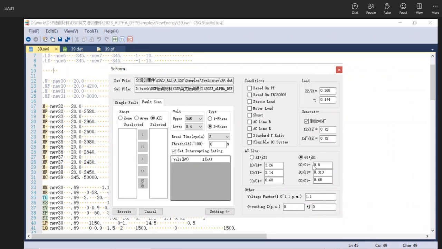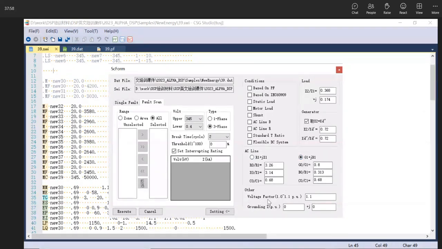If the program can't read the zero sequence parameters of the line, it will calculate the zero sequence parameter according to the positive sequence parameter automatically. And you can choose different calculate method.